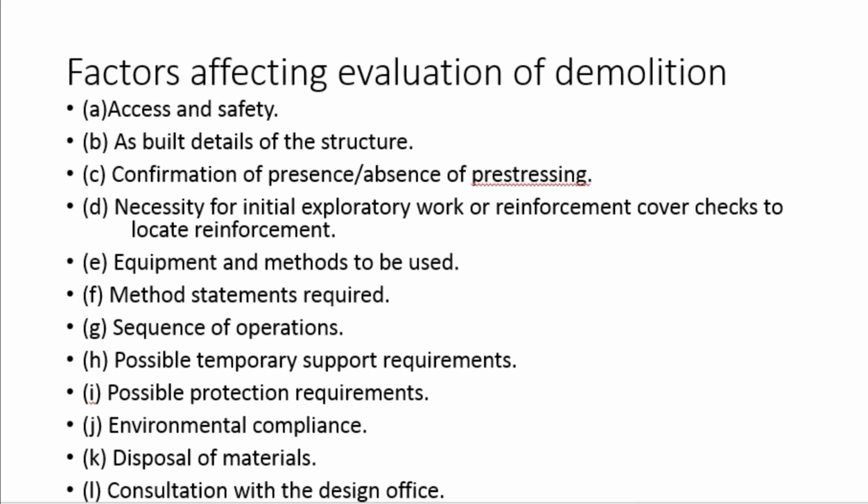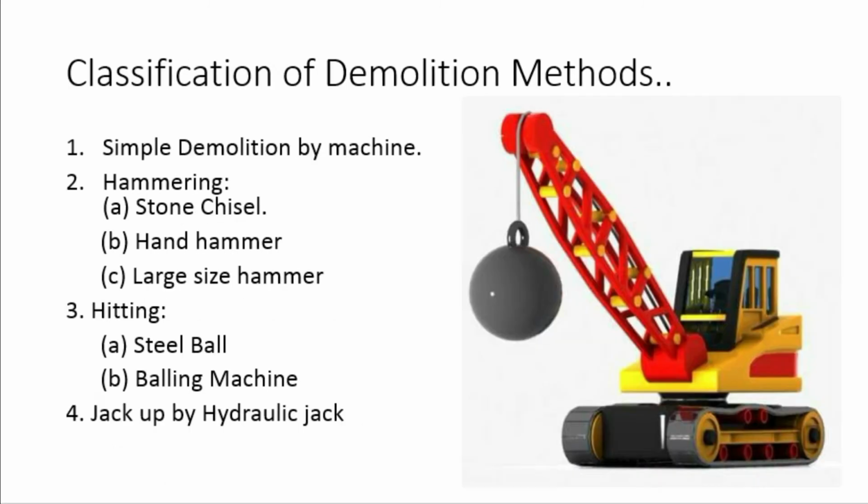Now talking about the classification of demolition methods. This can be a simple demolition by machine, hammering, hand hammer, large size hammers. It can be used with machine or manual demolition using hammering.